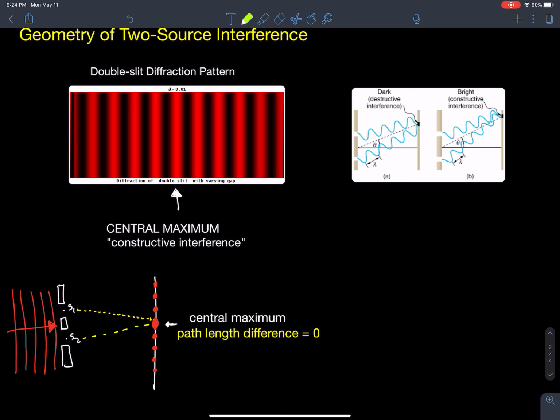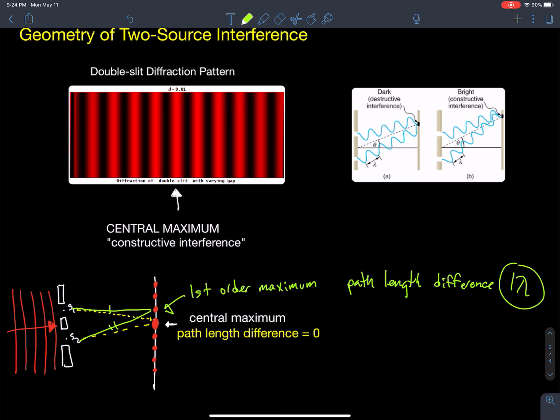And just again to reiterate, the other ones are formed, you can see that this second line here is longer. This line here is longer than that line. So that here would be my first order maximum, with a path length difference of one whole wavelength.